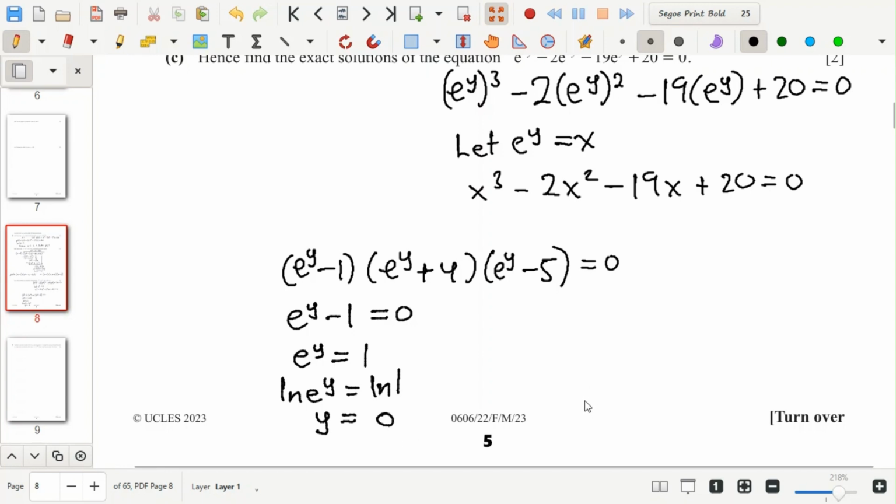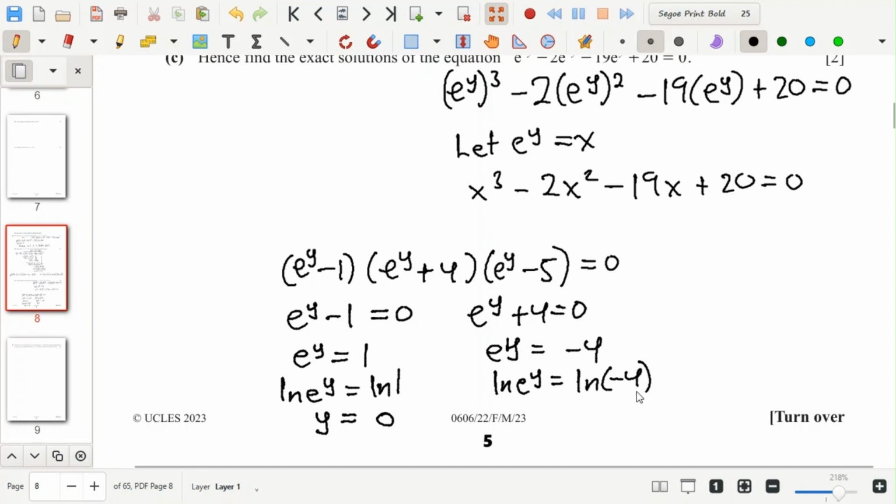Remember that I told you that the logarithm of 1 to any base at all is what? 0. So whether it's base e or anything, it's still 0. So you should be able to remember that. Now, what about this? When you have e to the power y plus 4 is equal to 0. Let's see whether this will work.